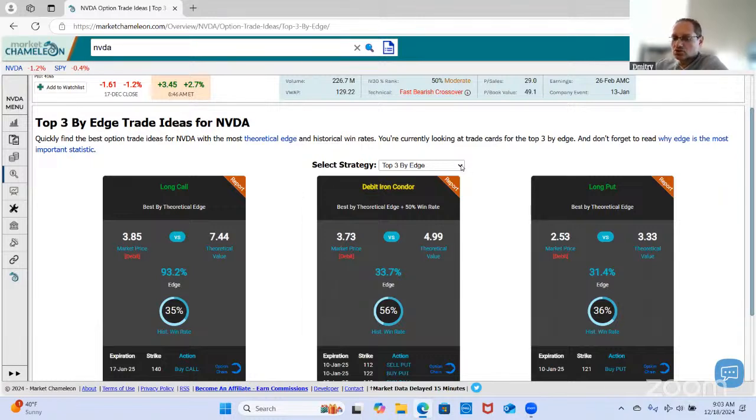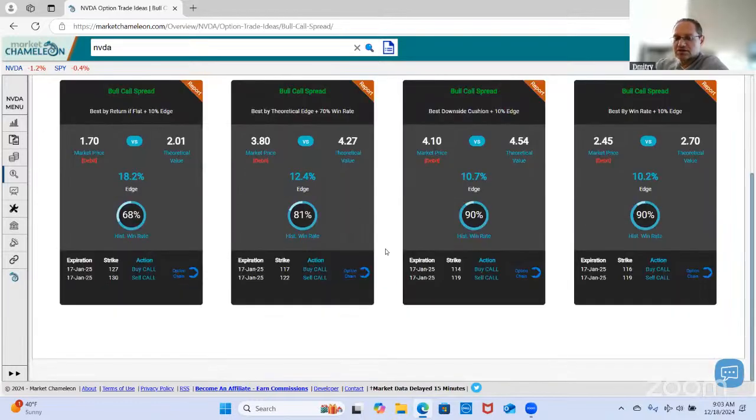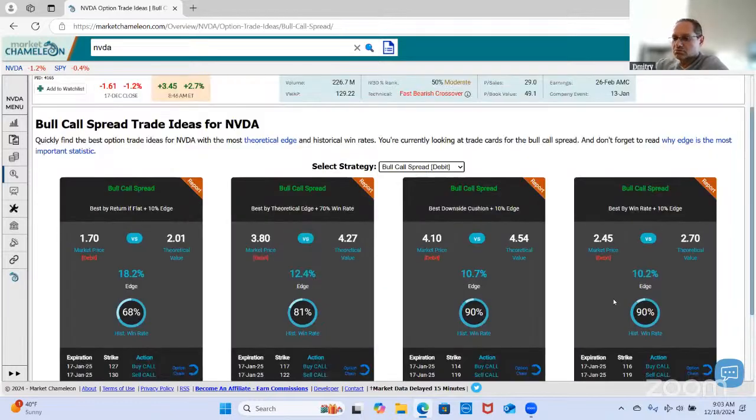However, if you want to look for specific strategies that we have available, if you click on the select strategy box, you get a drop-down menu, and you can see that if you're looking for something like bull call spread, you click on this, and then it'll present you with some bull call spread trade ideas with the relevant statistics.